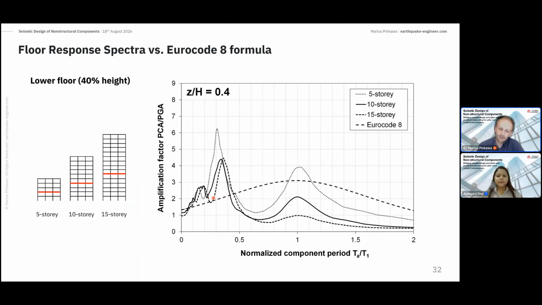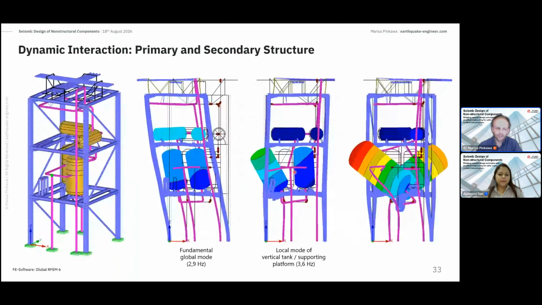And this, for example, is an issue which has been fixed in the second generation of Eurocode 8, but it's still a draft version. It will be released, I think, next year. So then it will also be used more in practice, but what is used nowadays is the first generation Eurocode 8.